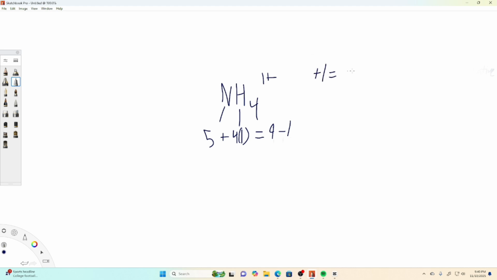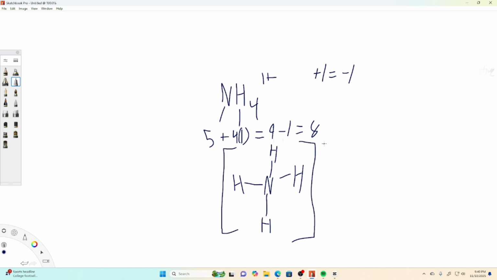Plus 1 means it lost an electron. So minus 1 equals 8. Now let's draw out this structure. And this all meets octet, except for the hydrogens, which are exceptions. Now the brackets. And here you go. There it is, the Lewis structure for ammonium, NH4 1 plus.